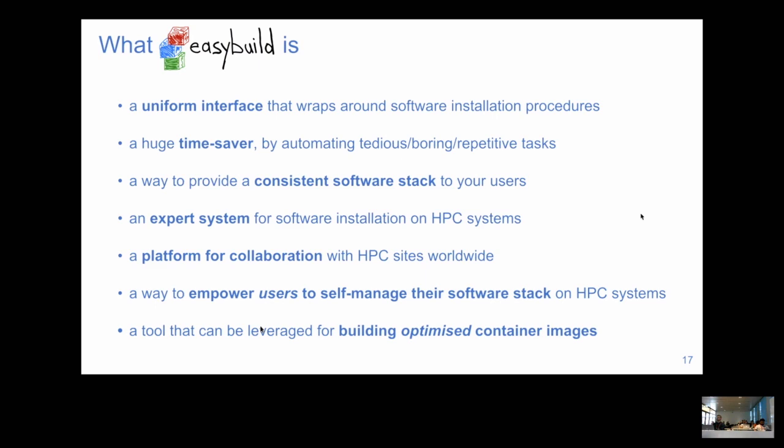It has checks all over the place to make sure that things are done the way they should be done. EasyBuild collects all that knowledge and automates all these annoying procedures for you, so it saves you a lot of time. You just run an EasyBuild command, you hit the button, and you wait until the compiler is done compiling all the sources, and then hopefully everything will be in place the way you expect it.